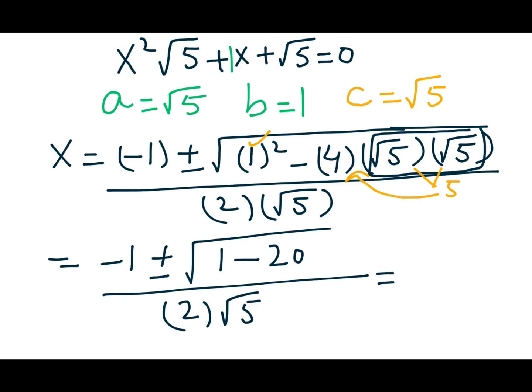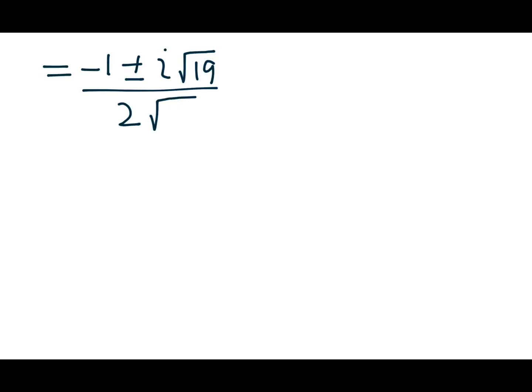This is going to be equal to minus 1 plus or minus the square root of minus 19, divided by 2 times the square root of 5, which is equal to minus 1 plus or minus i square root of 19, divided by 2 square root of 5.